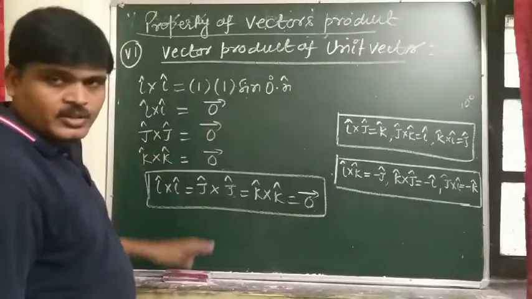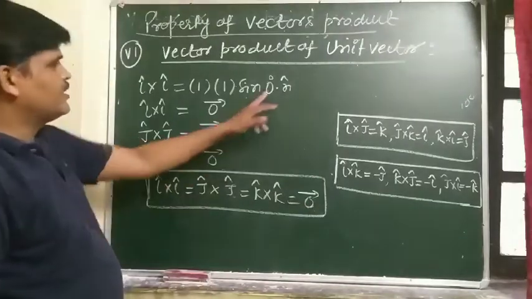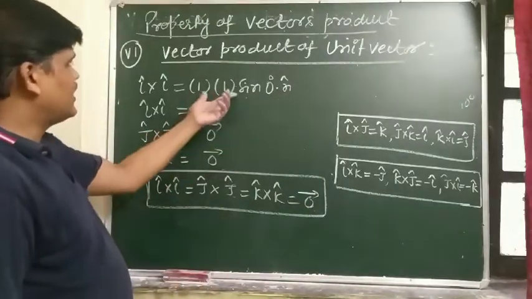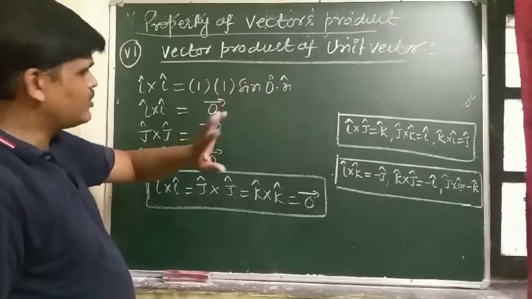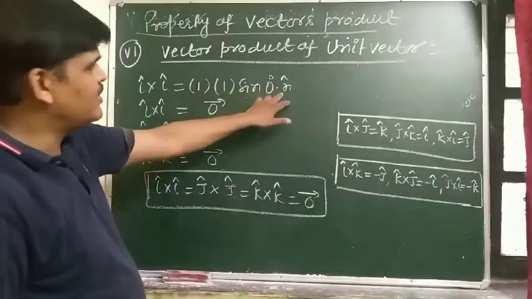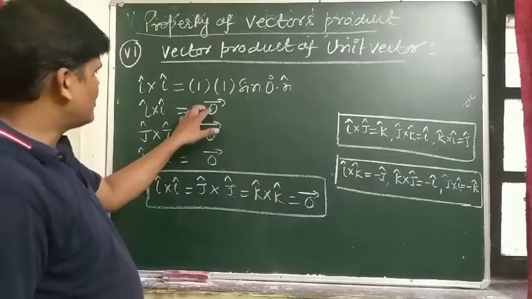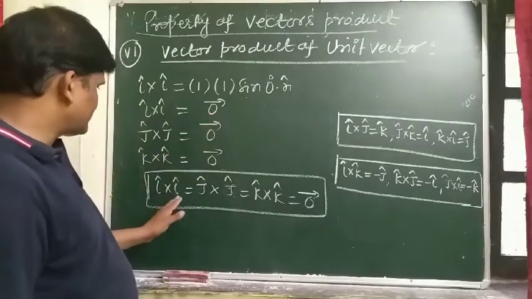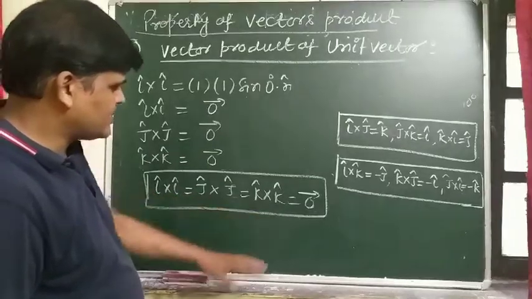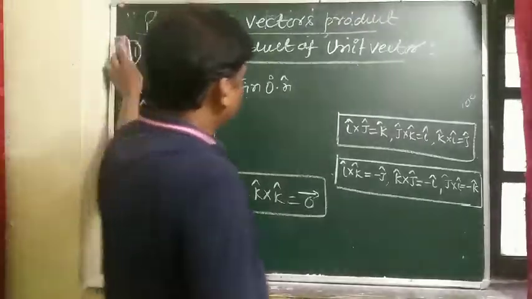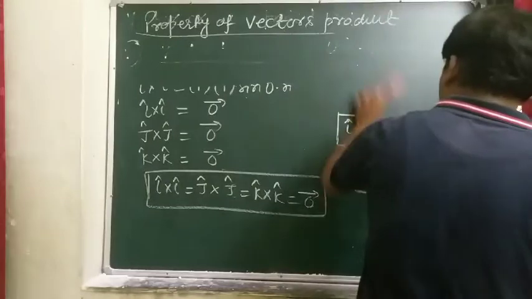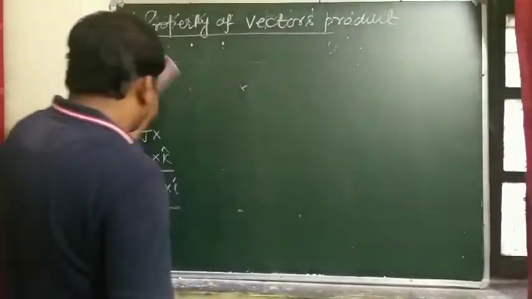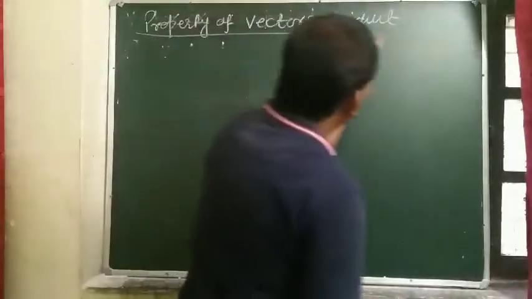You must note down in your copy: n is a unit vector, sin 0 is 0, and if 0 is multiplied by a unit vector, a null vector is obtained. The null vector is also known as the zero vector. So i cross i, j cross j, k cross k is the zero vector.